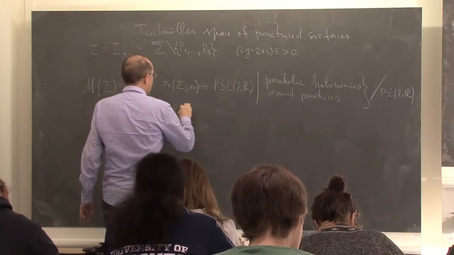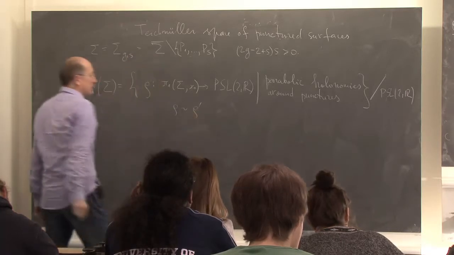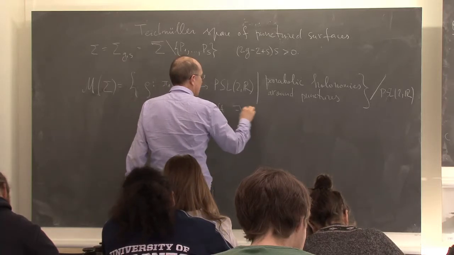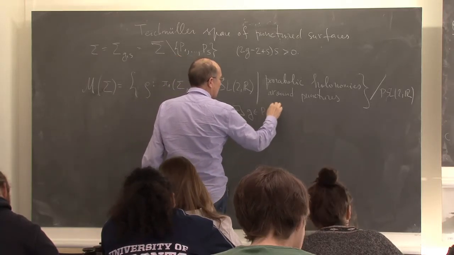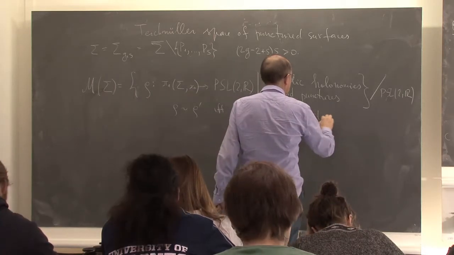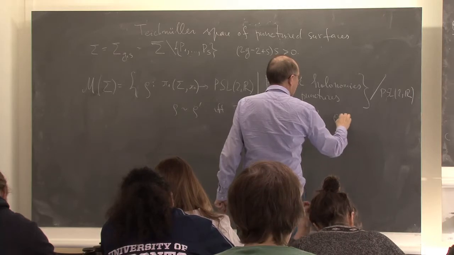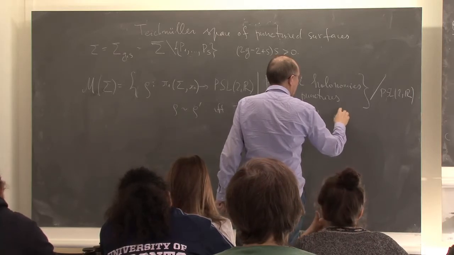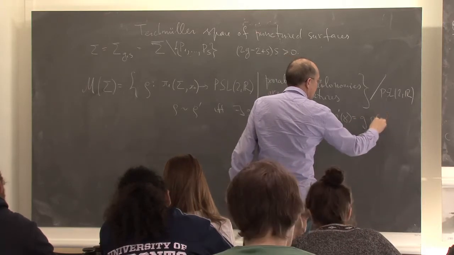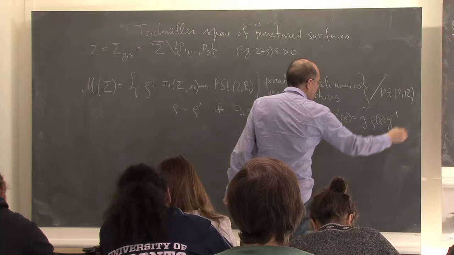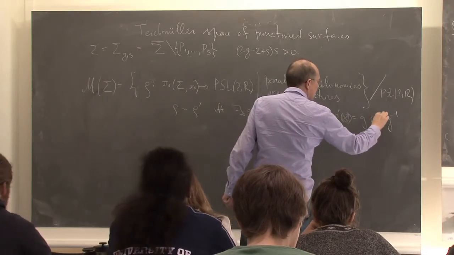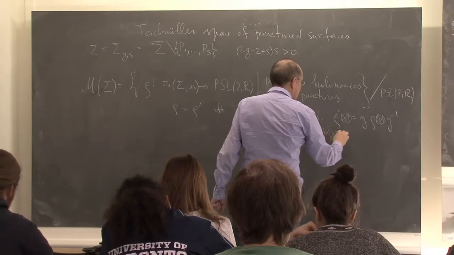So rho is equivalent to rho tilde if there exists a G in PSL2R such that rho prime of gamma is equal to G rho of gamma G minus 1 for any class of gamma in pi 1.